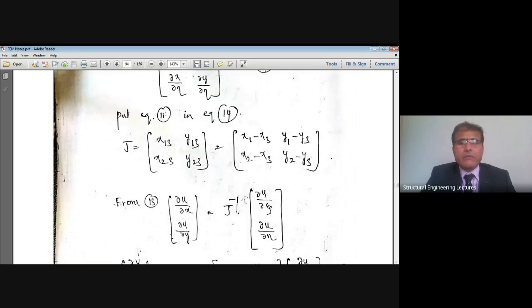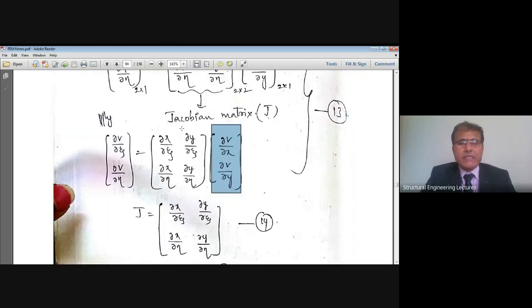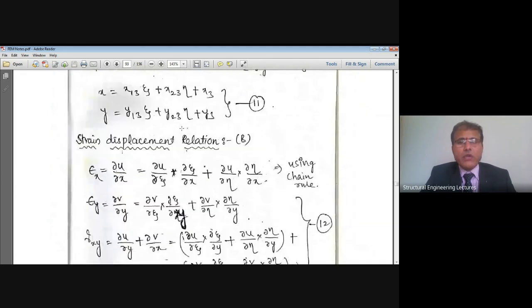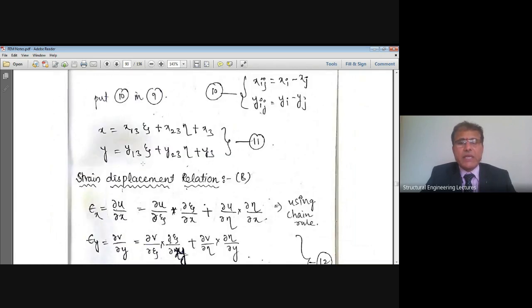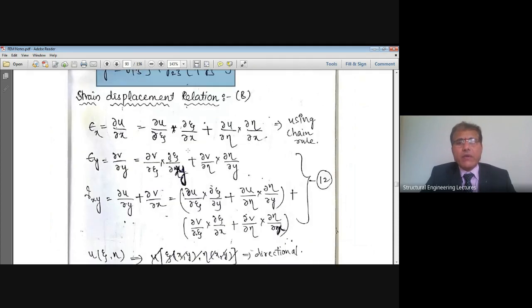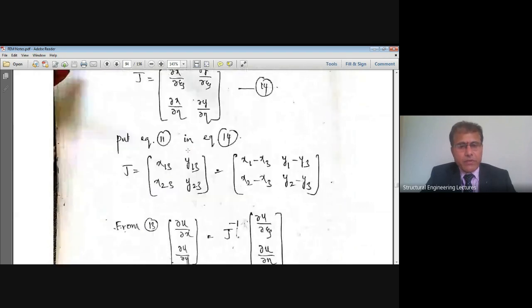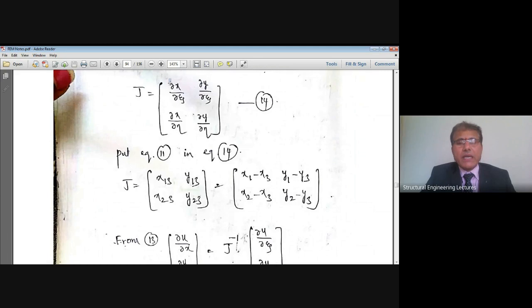Utility. And we already know that x is given by equation 11 as x13 xi, x23 eta plus x3, right? y13 xi, y23 eta plus the other one. Therefore, now you differentiate that x with respect to xi. What you do have is that x13 is there, right?